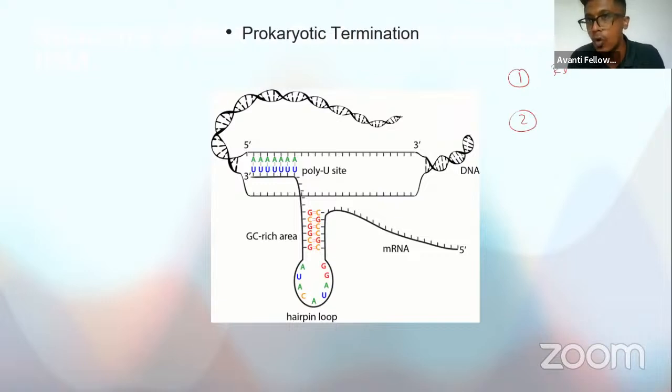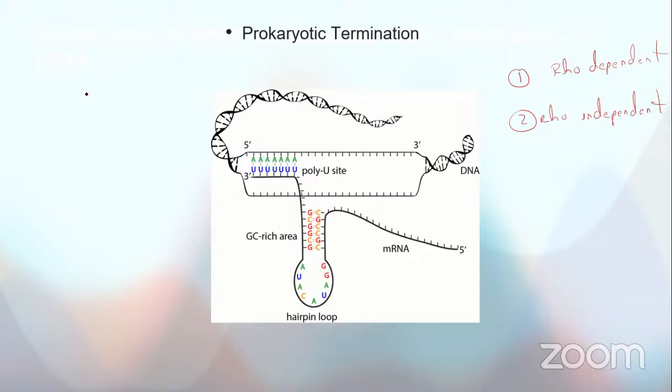One is called rho dependent. The other one is called rho independent. You get my point? What is rho dependent and rho independent? We see here. So this is your termination sequence.